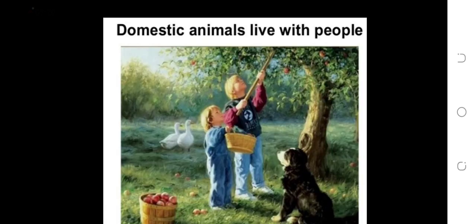Now if we talk about animals, how are animals helpful to you? Some animals live with us. For example, you may have some pets in your home, such as a dog or a cat, or maybe a parrot or a rabbit or some hens.